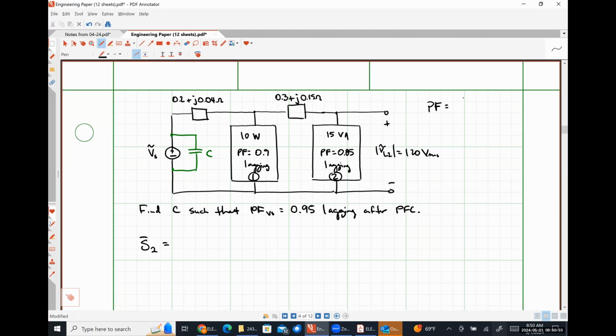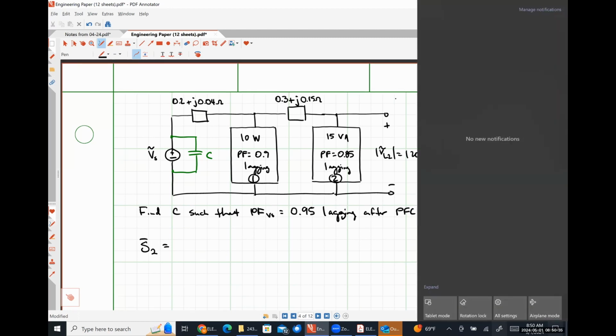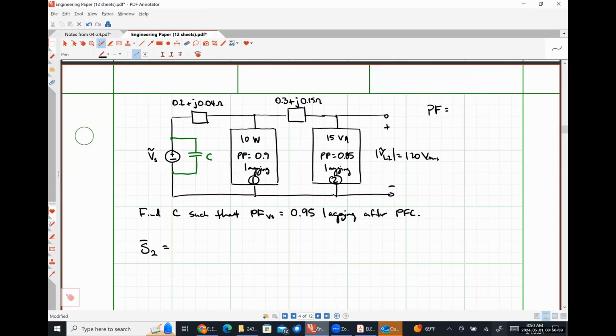So the ratio of the average power, sorry, I need that thing to go away, to what? So apparent power, all right. And then my other relationship was power factor is the cosine of the angle. Yep. Okay.